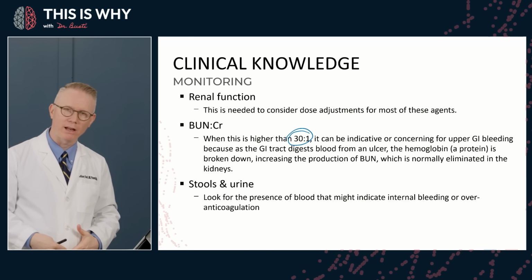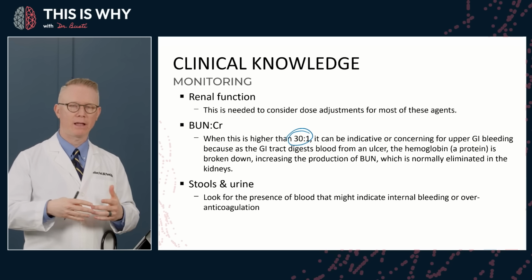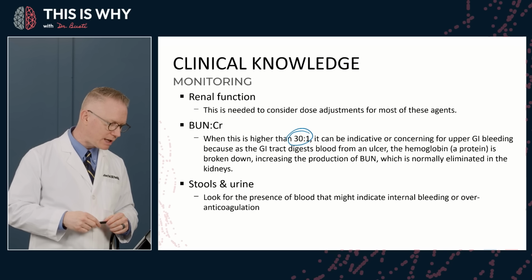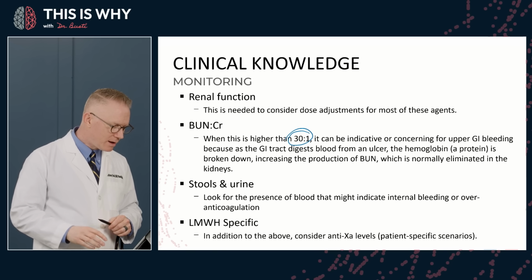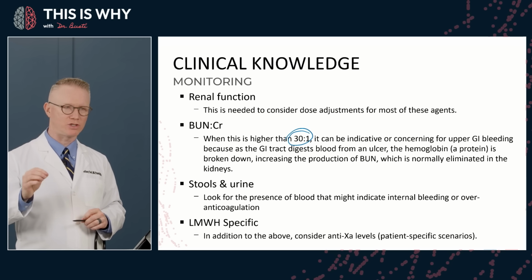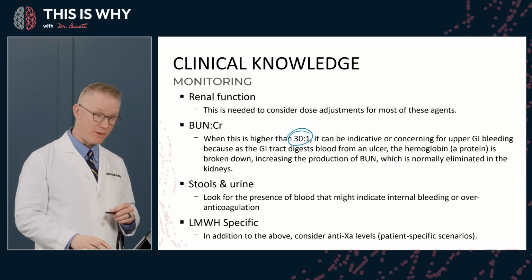If there's bright red blood, it can come from polyps, fistulas, diverticuli, cancer, hemorrhoids. Any of those things can bleed, okay? And then, of course, you can monitor 10A levels in certain patients if your facility and labs offer that flexibility for you.